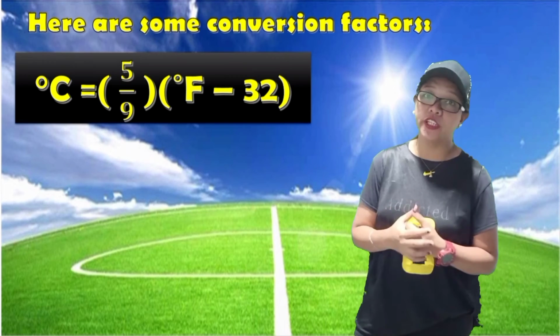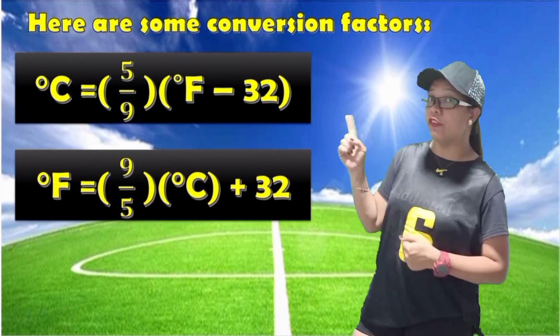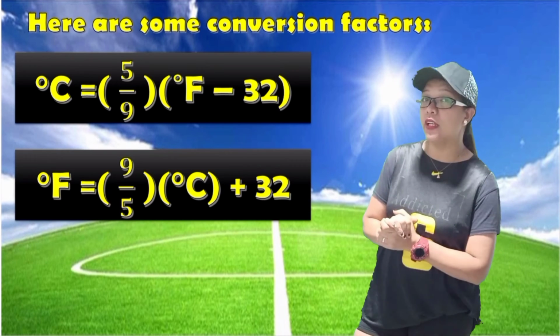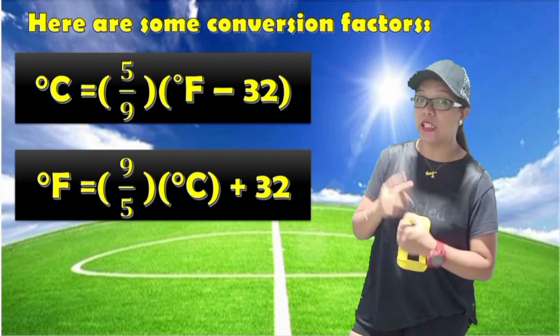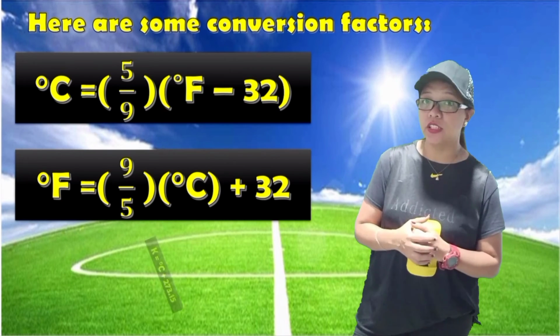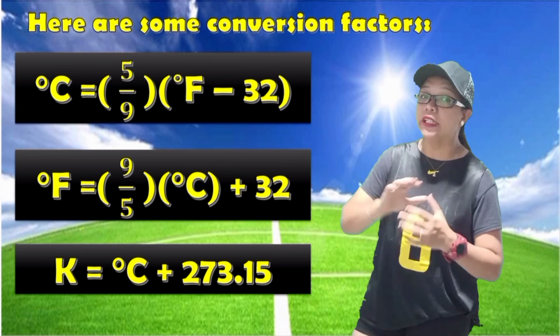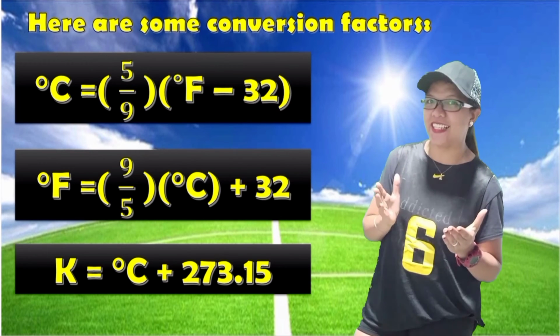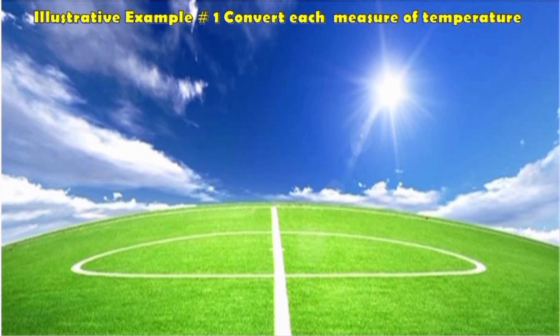If we are looking for degree Fahrenheit, degree Fahrenheit is equal to 9/5 multiplied by degree Celsius plus 32. And if we are looking for Kelvin, Kelvin is equal to degree Celsius plus 273.15.